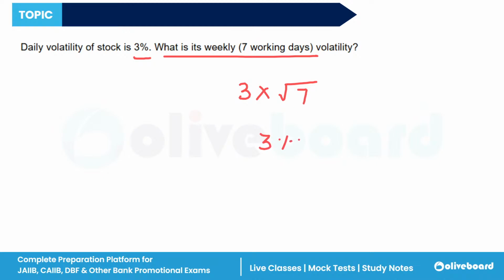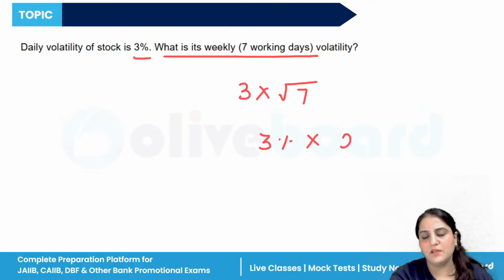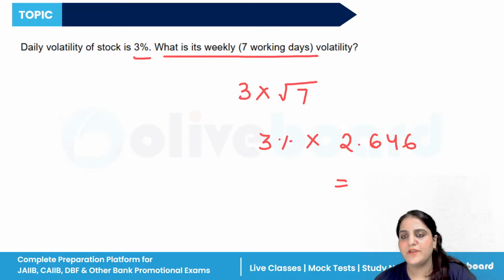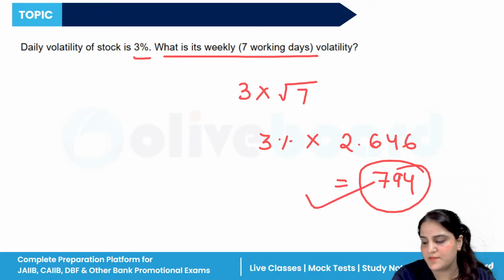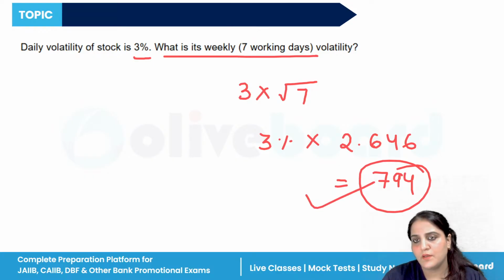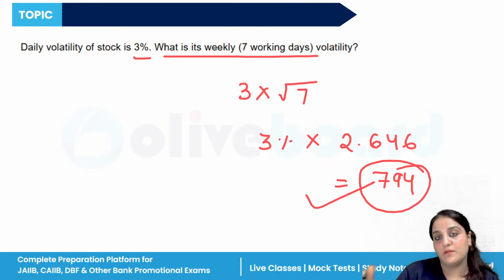So 3% multiply root of 7 is 2.646, which is equals to, when you solve it, you will get near about 794. This is the answer here. We converted into the percentage by multiplying by that 10,000. Then we got it, this 794.